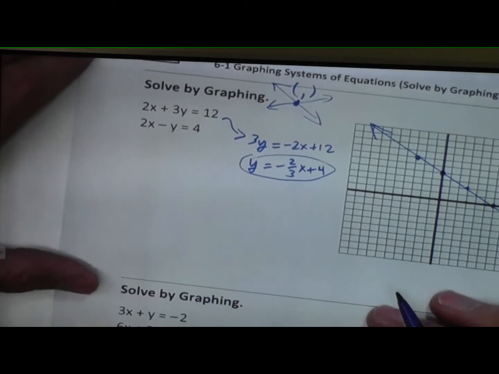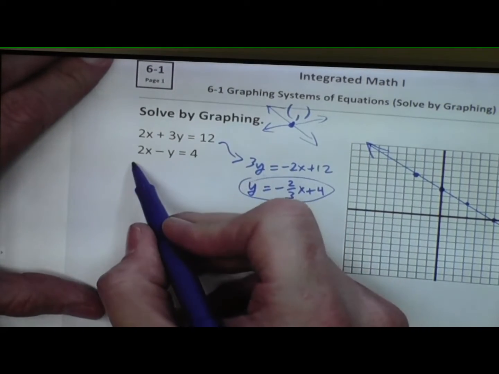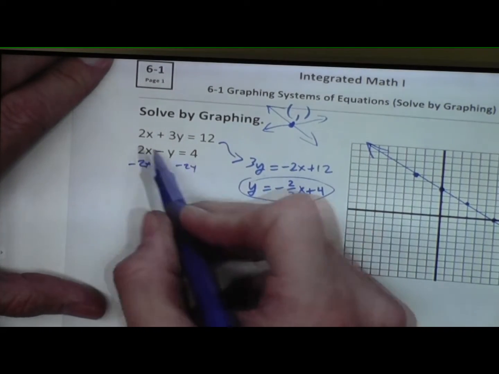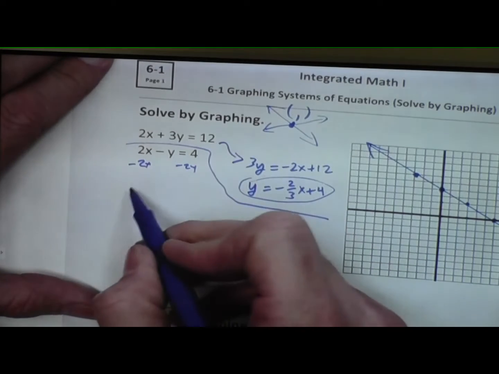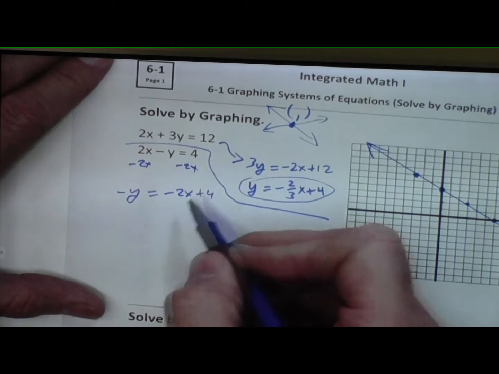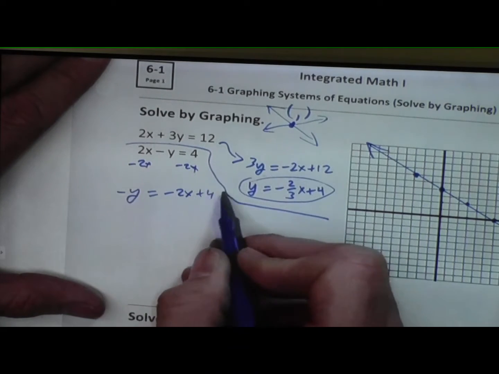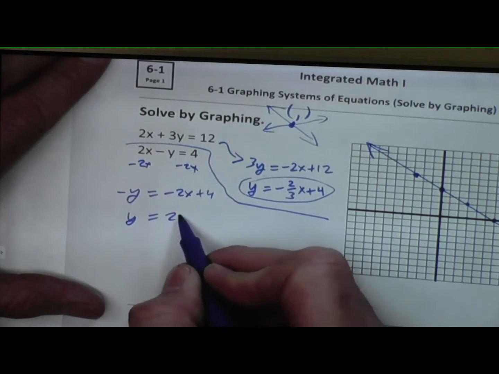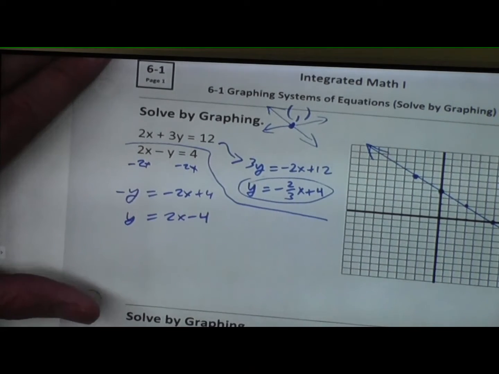Okay, now for this one, I'm going to do the same thing. -2x, -2x. Here, I'll separate that. -y equals -2x plus 4. Up, -y, we need to divide everything by a negative. y equals 2x minus 4.